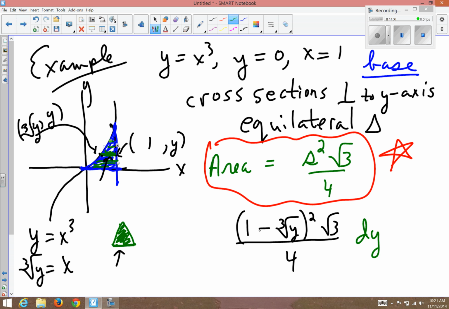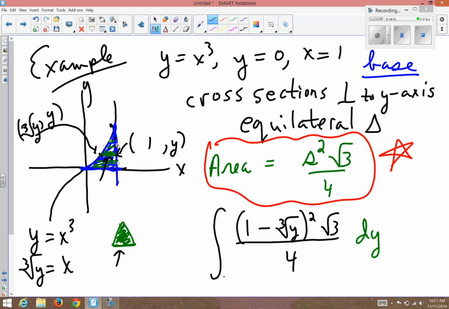Right here in this black and green, that's the volume of this. So we took the area and multiplied by how thick it is. If every one of these slices has this same volume, we're going to add all of them up. And since we're working with y's here, this is in terms of y.